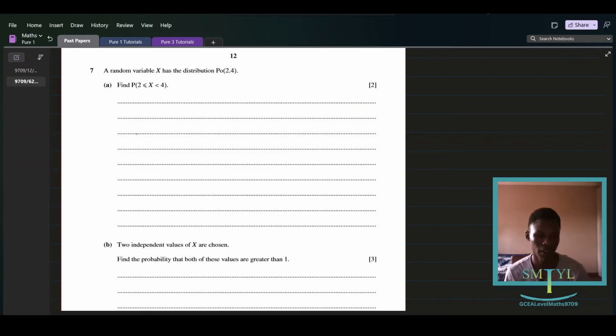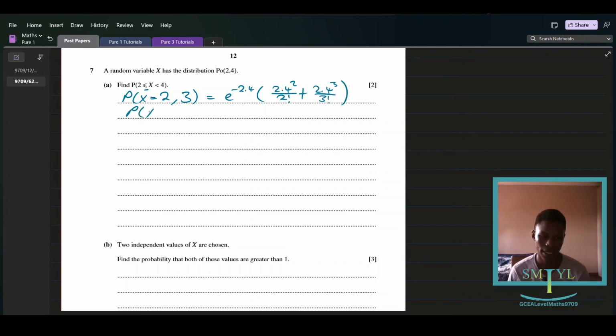Number 7. A random variable x has distribution Poisson with lambda 2.4. Part A. Find the probability that x is between 2 inclusive and 4. So we want the probability that x is equal to 2 and 3. So this is e to the power negative lambda, which is 2.4, times 2.4 to the power 2 over 2 factorial plus 2.4 to the power 3 over 3 factorial.